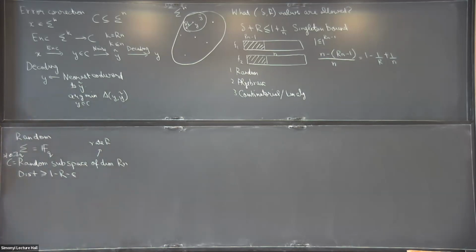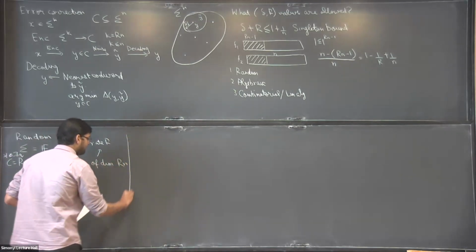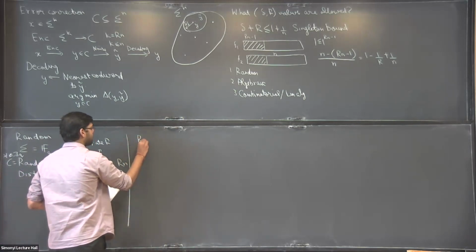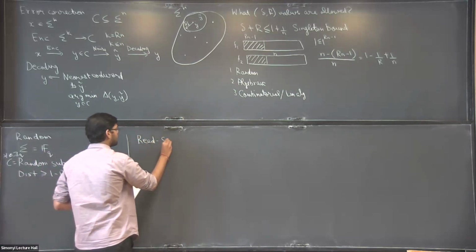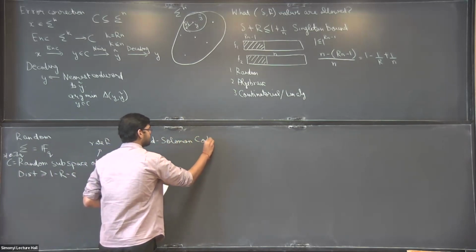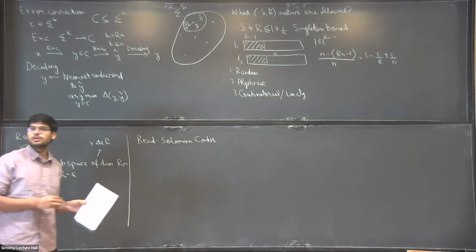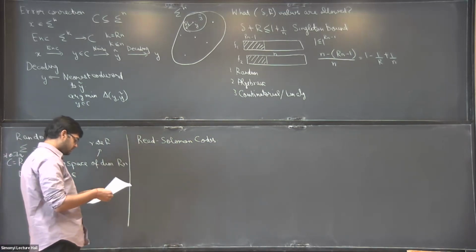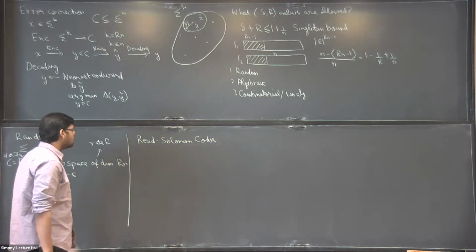So towards the goal of de-randomization and hopefully getting algorithms, let's look at more explicit constructions. And the second category that we had there was algebraic. So let's look at probably the most well-studied family of codes, called Reed-Solomon codes.